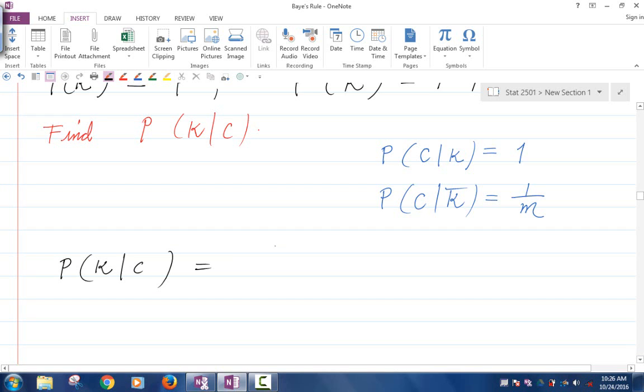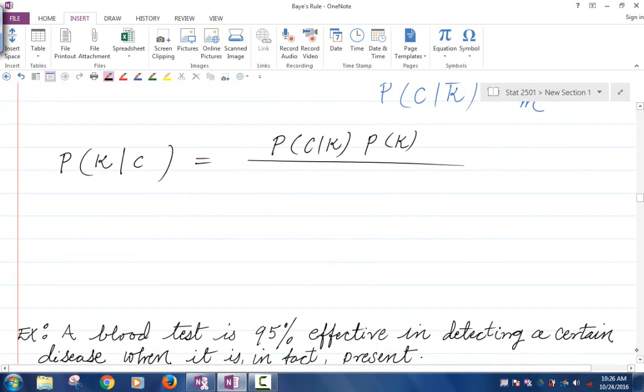Bayes' rule says this is the same as the probability of C given K times the probability of K, divided by the probability of C given K times the probability of K plus the probability of C given K complement times the probability of K complement.